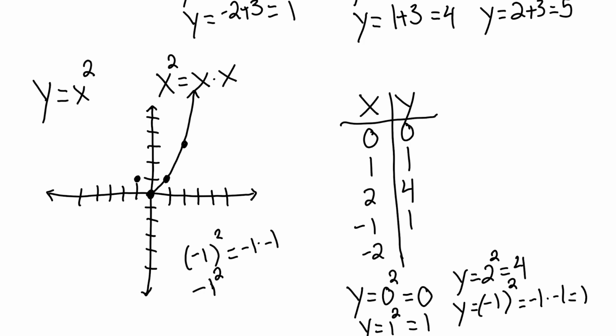You do the parentheses first, and then you do the exponent, right? So everything in the parentheses is being squared. So you're doing negative 1 times negative 1. The second one, it's kind of like you're doing a negative and then times 1 squared. You're doing the exponent first. So the negative part is not being squared. Okay. So this is actually like negative 1 times positive 1. So it's negative 1.